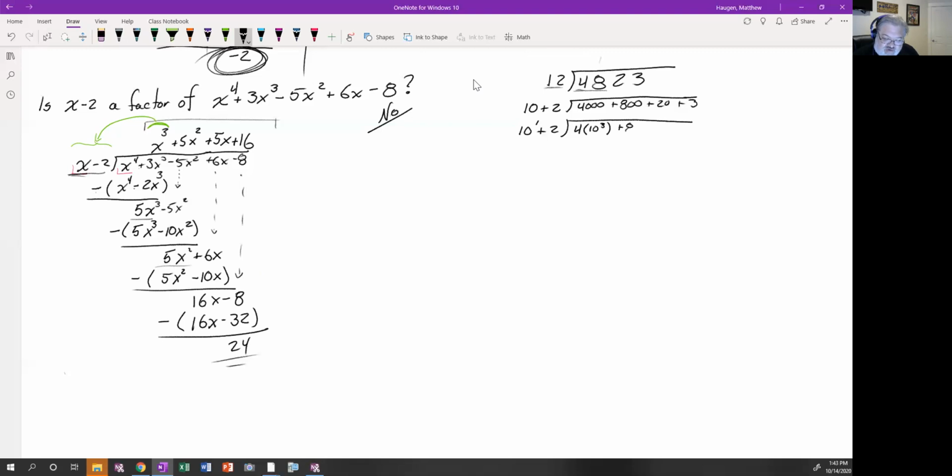Plus 800 is 8 times 10 squared, plus 2 times 10 to the first, plus 3. Well, if I let those 10s be something other than 10s, isn't this x plus 2, and 4 times x to the third plus 8x squared plus 2x plus 3?